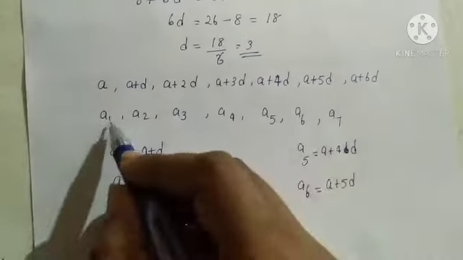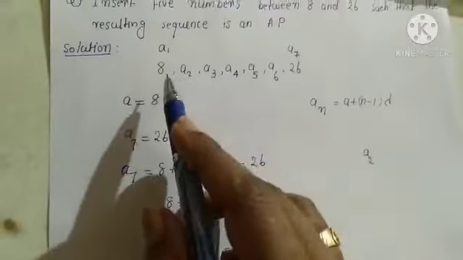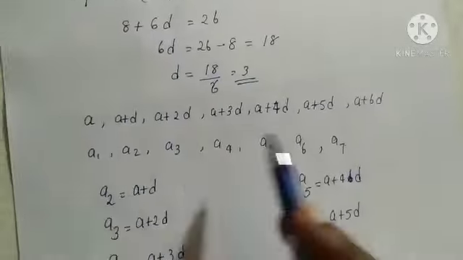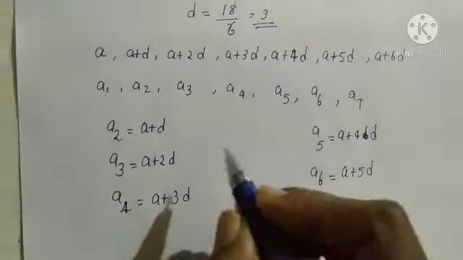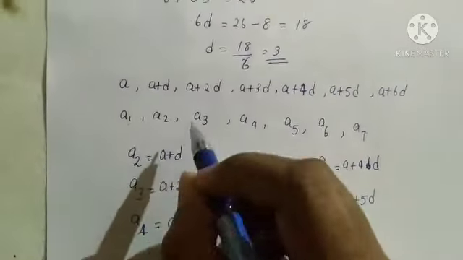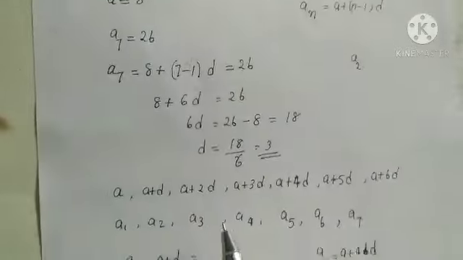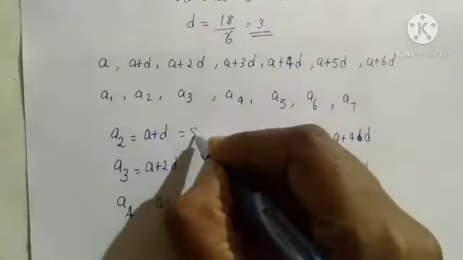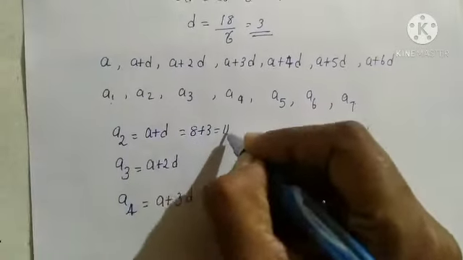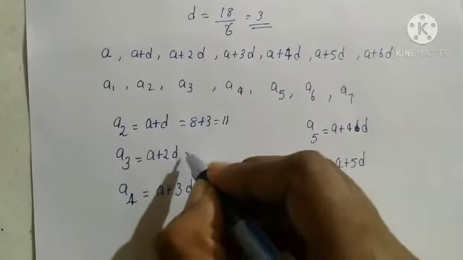Here A1 and A7 are given, that is 8 and 26. These are the values we need to find out. The value of the first term is 8 and the common difference is 3. So 8 plus 3 is 11, our second term.